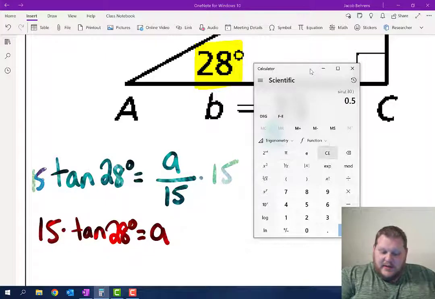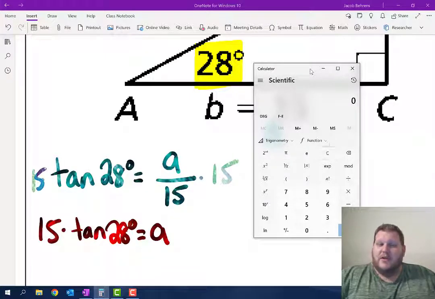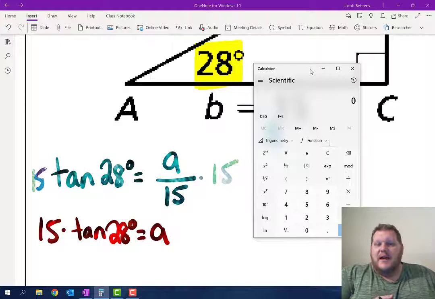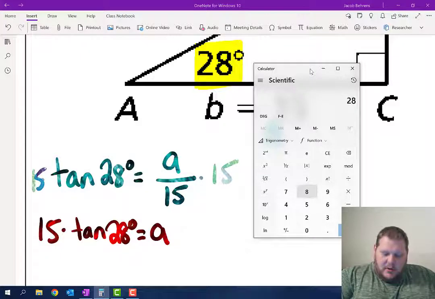So all your calculator is really doing here is just having those numbers memorized. It just has it stored on the calculator, and when you're typing in those values, it's just going to give you that sine, cosine, tangent ratio as a decimal. So in this case, if I'm trying to find the tangent of 28 degrees, I'm going to type in 28 first because I want 28 degrees.